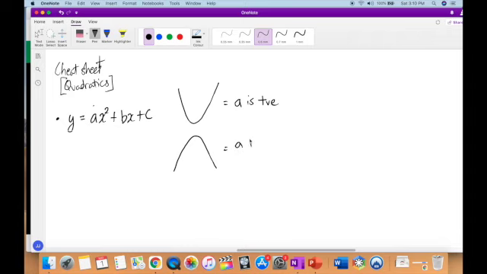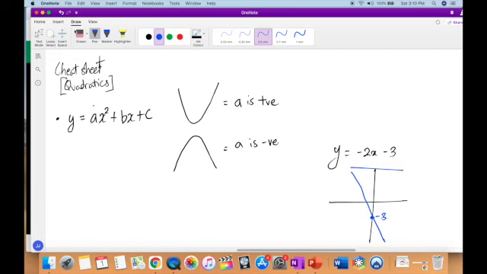This is really super important, because just like how I could look at a line y is equal to negative 2x minus 3 and know that the line is shaped like this and cuts in at negative 3, by just looking at it I have an idea of what the line looks like. Same thing, you should be able to look at this equation and have some idea as to what the curve will look like.